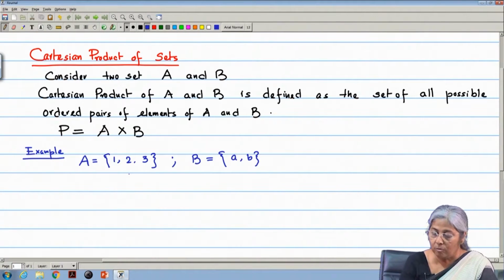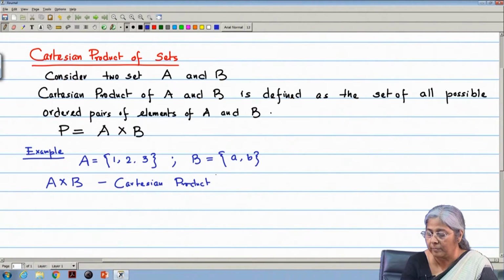So, A cross B is the Cartesian product of A and B, and this is the set of all possible ordered pairs.